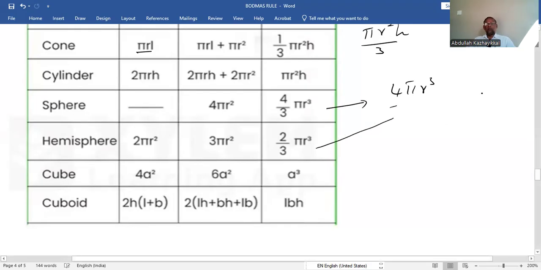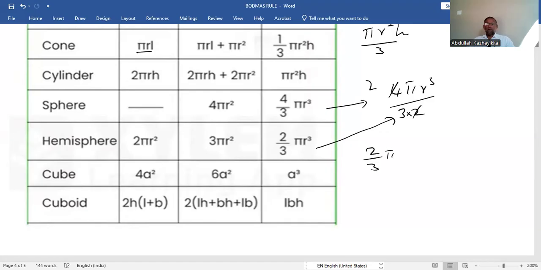We want this one divided by 2. 4 by 3 into 2, divided by 2. That means 4 by 2, that means 2 by 3, correct? This 4 and 2 we can cut. This formula, 2 by 3 pi R cube, we got the formula. Correct now? 2 by 3 pi R cube.